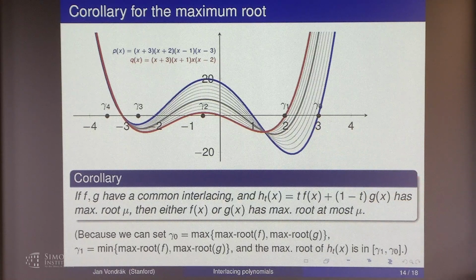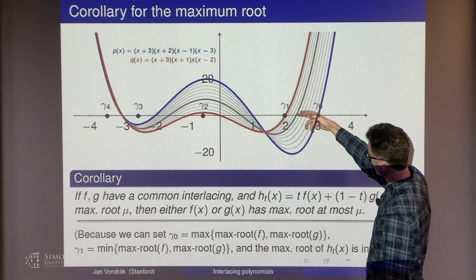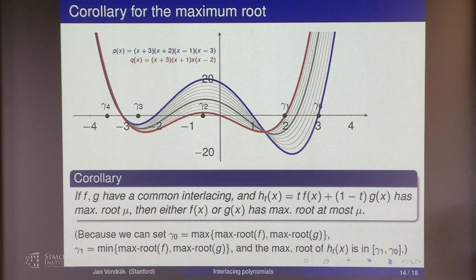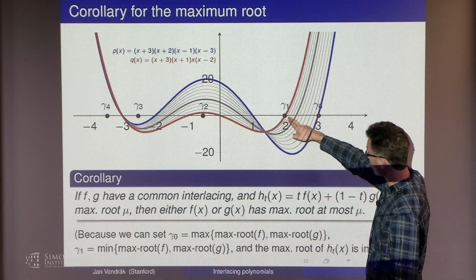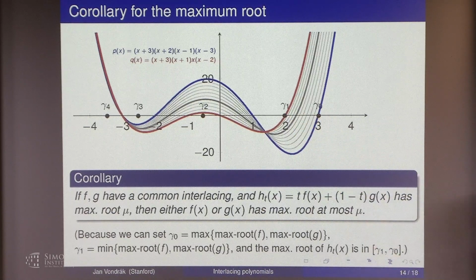We will actually use this conversely. We will know something about the maximum root of the gray polynomial, and from this picture at least, it's obvious that one of the two maximum roots of f or of g must be at most mu. They cannot be both above, because the maximum root of the gray polynomial is between them. So this will be very important.